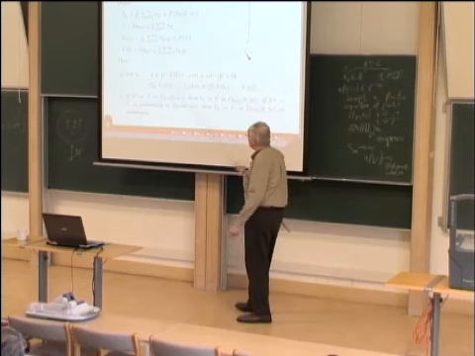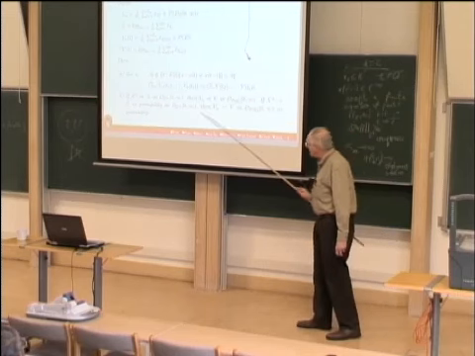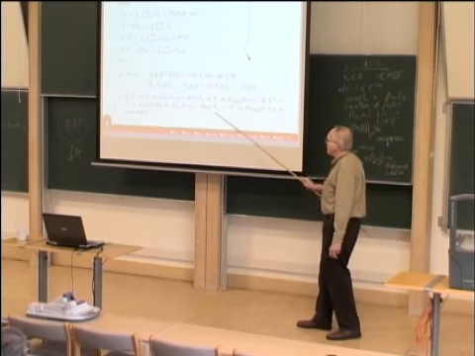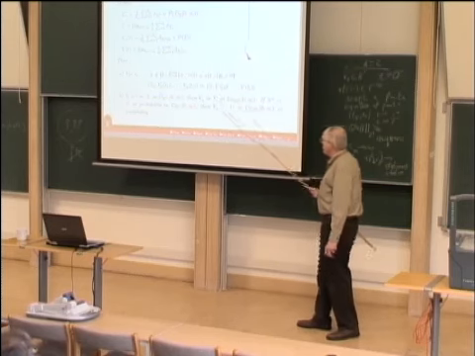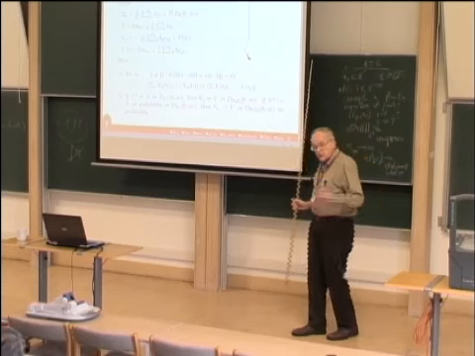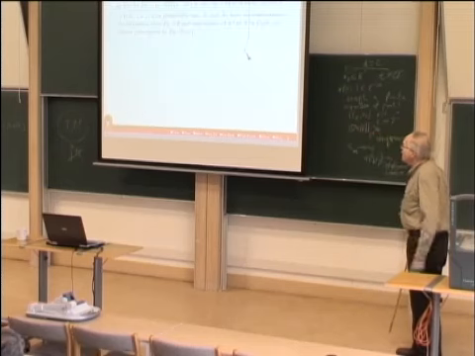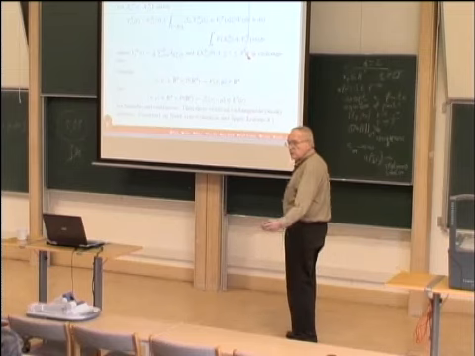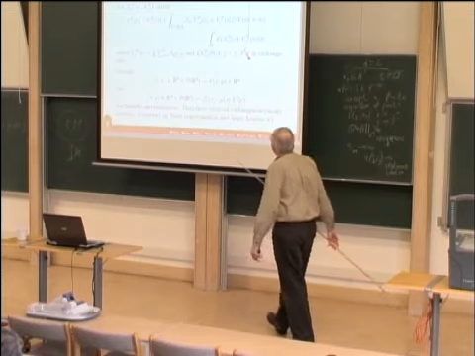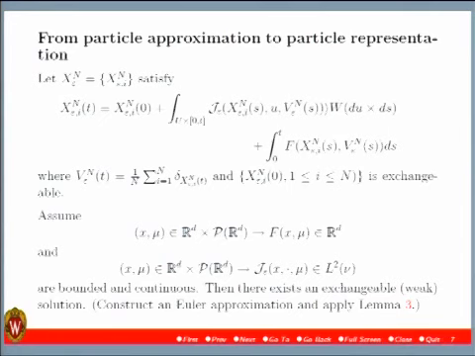So once I know this for the continuous processes, I can conclude that the empirical measure process converges as a process, as a probability measure valued process, okay? Let's use that. And here is where Kotelenitz's SPDE comes from.